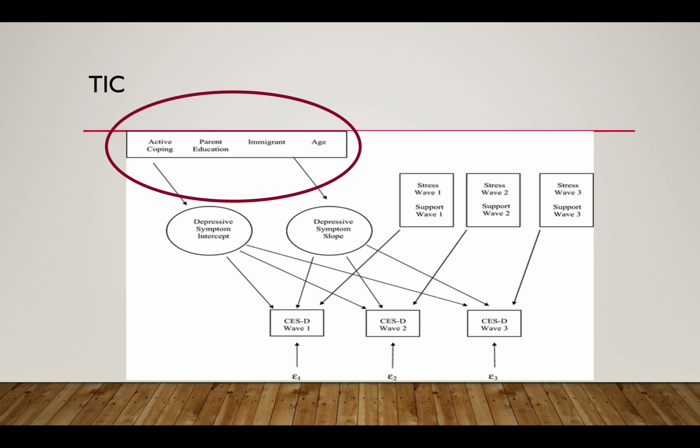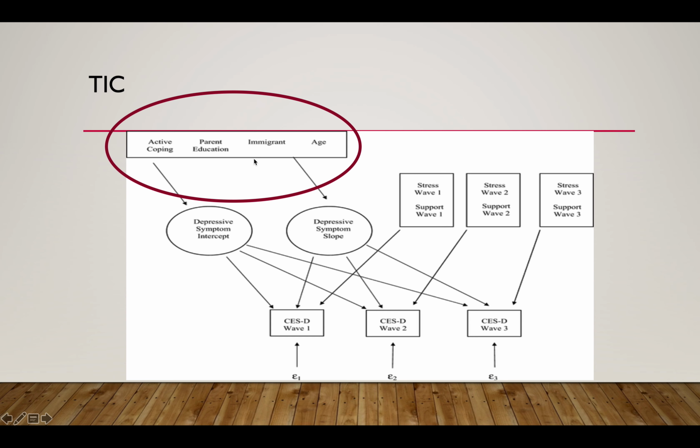The I would be just the mean level of intercept. The m variable, let's say we're using immigrant status, would be the effect of immigrant status on depressive symptoms. That's your effect of m on y.